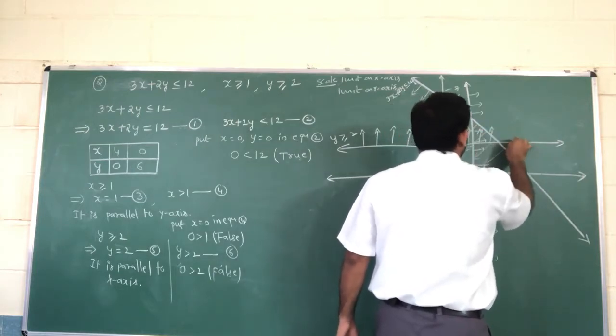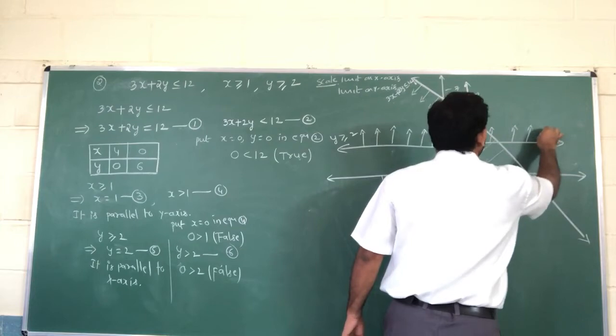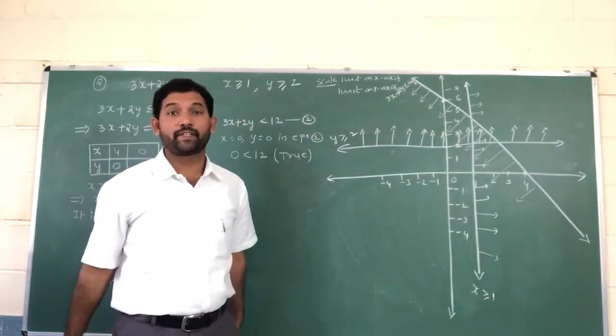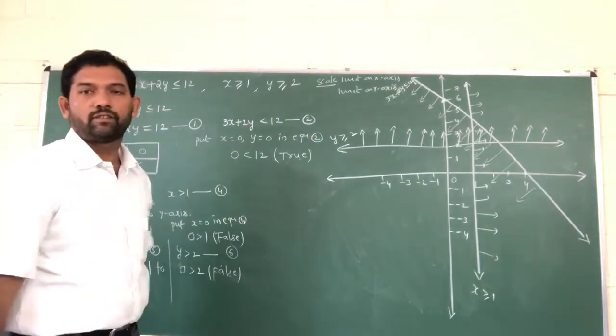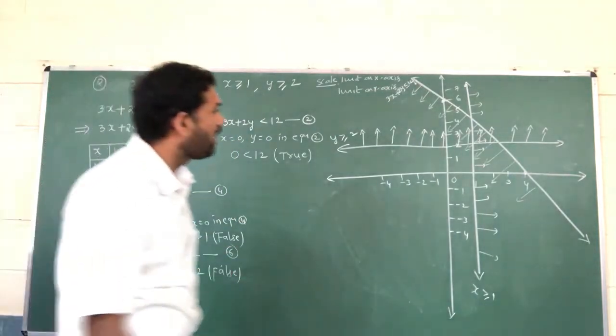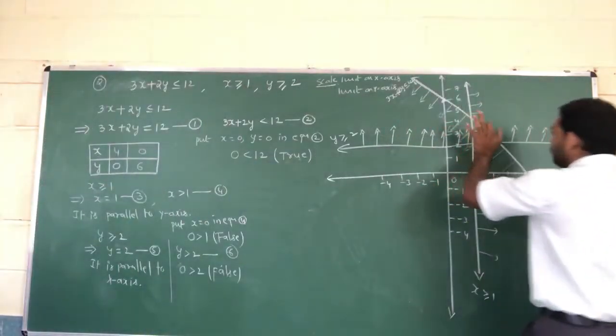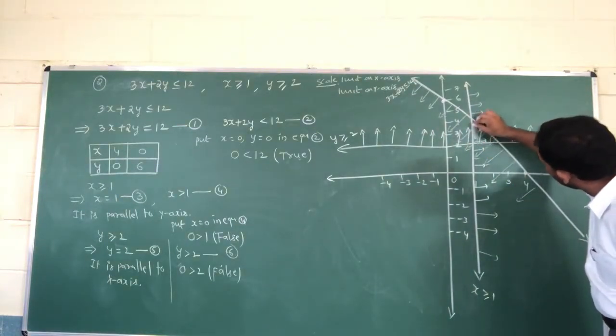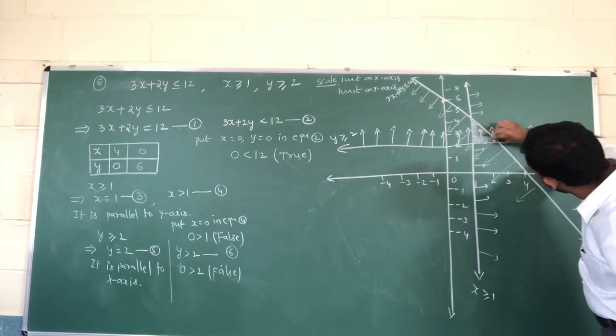Now the solution is, you put arrow marks like this. Okay? Each solution is represented. So where are all the solutions intersecting? In this area, all the lines intersect.